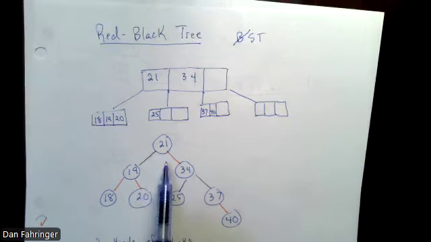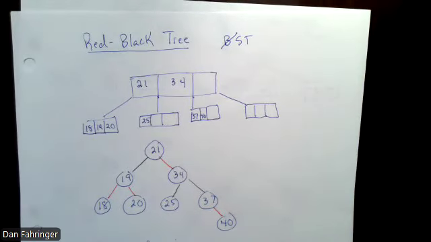Well, some of the links are red, some of the links are black. See that? Red links are on the same level. Black links go down a level. Red links are siblings. Black links are parents.